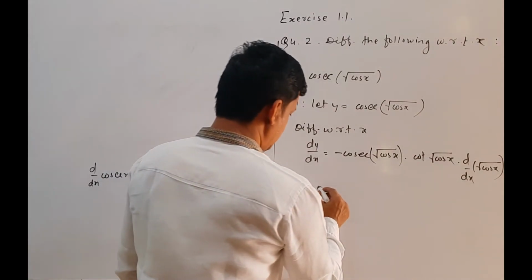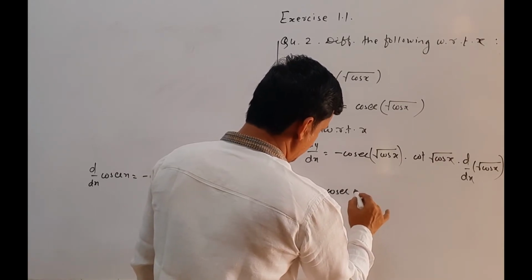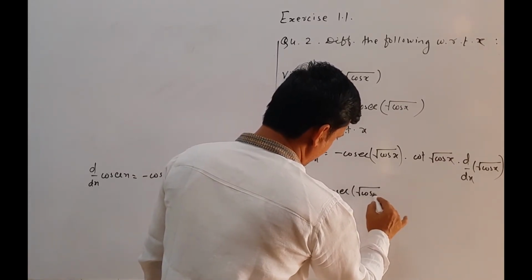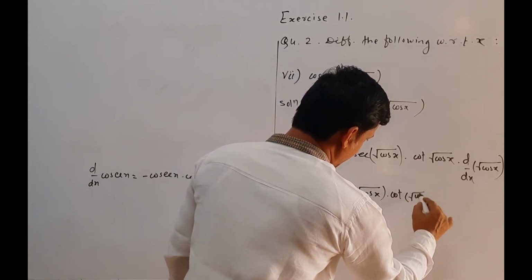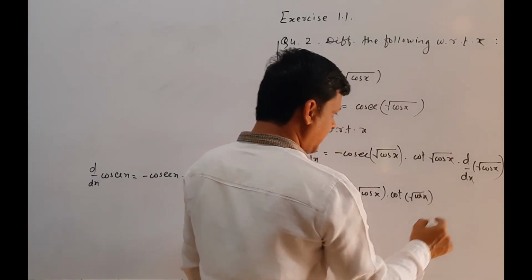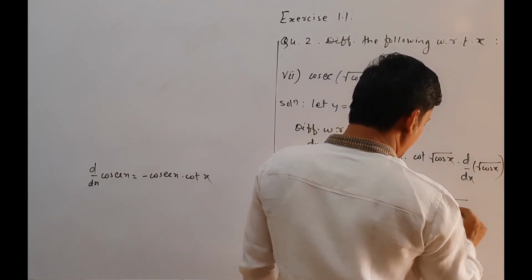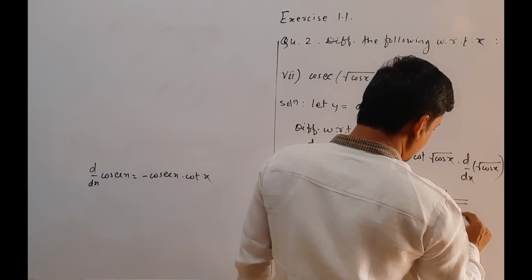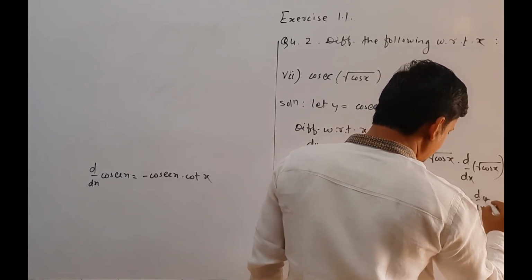Then we write these first two terms as it is, minus cosec of root of cos x into cot of root cos x into, so we have to find the derivative of root first. So we write 1 upon 2 root cos x, then derivative of cos x.